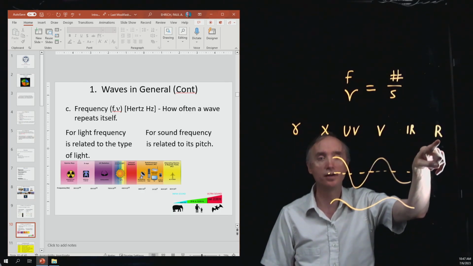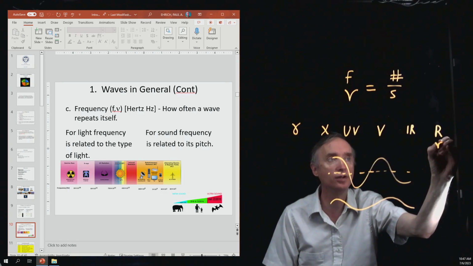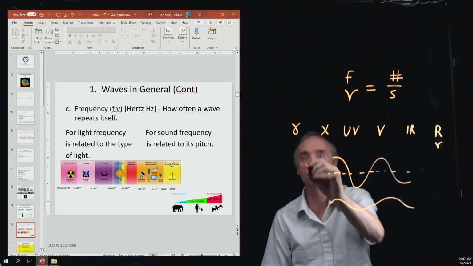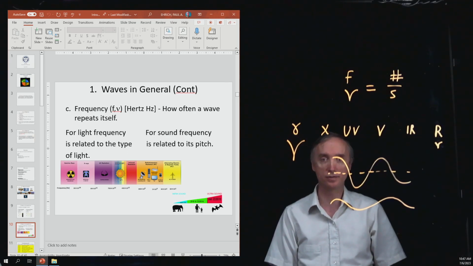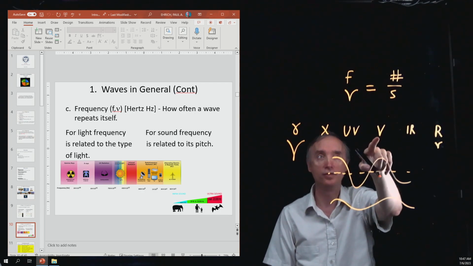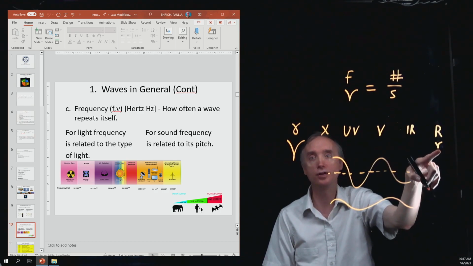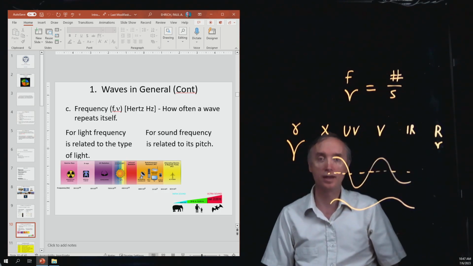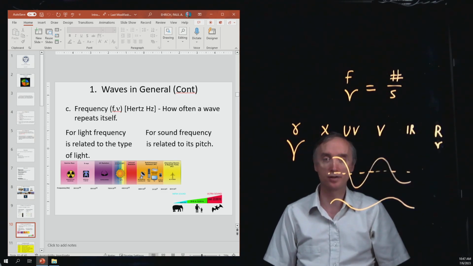On this side over here, these have the smallest frequencies, and on this side over here, these have the largest frequencies. Visible light is going to have a frequency that's higher than radio waves, but lower than gamma rays. So it runs the entire spectrum as you go across.